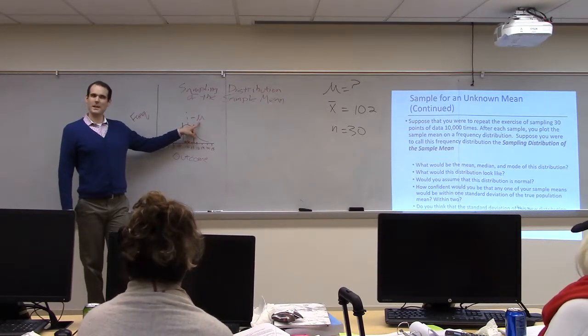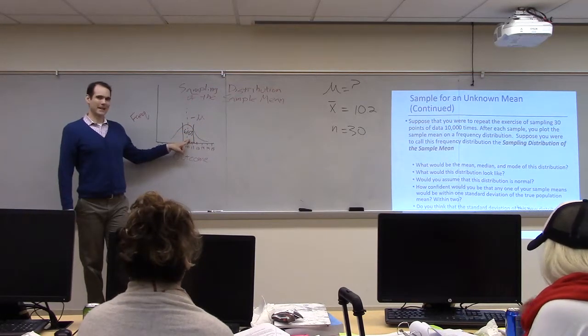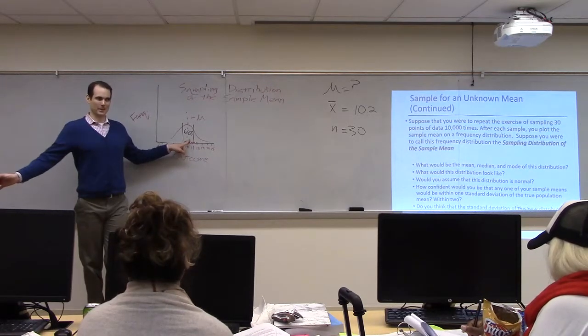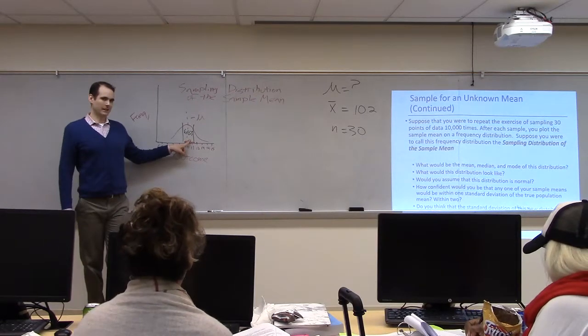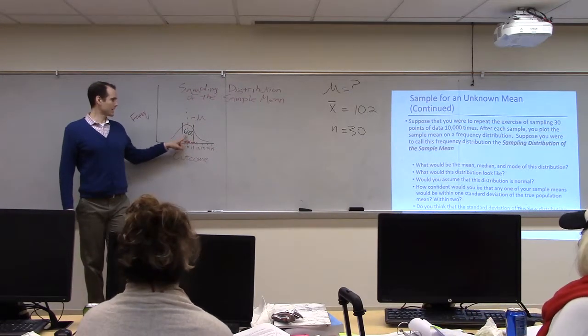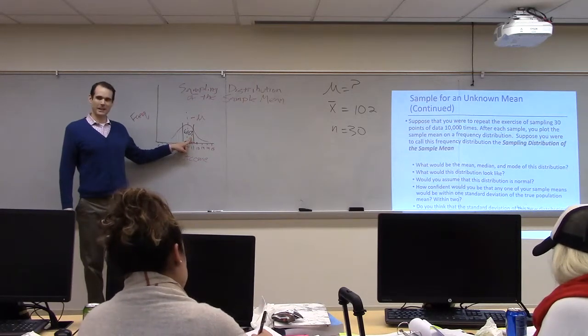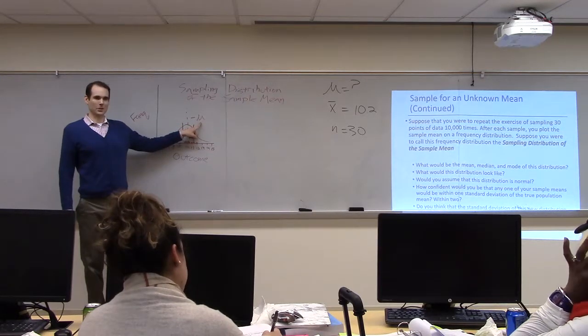Let me just repeat that because that's an important point. We just asked a group of researchers to take a sample of 30 students. They came up with a sample mean, and they can be 68.3% certain that their sample mean is within one standard deviation of the right answer.